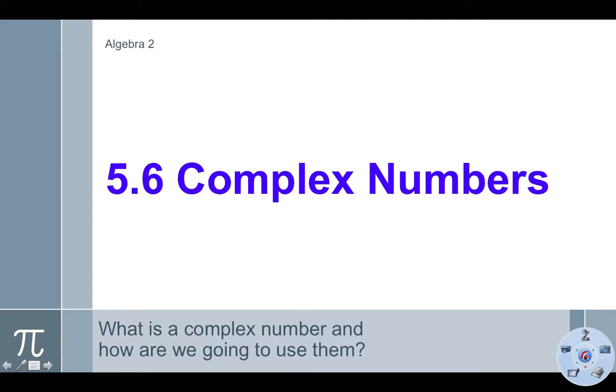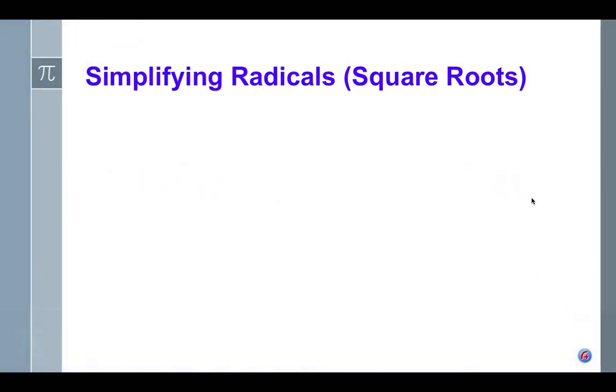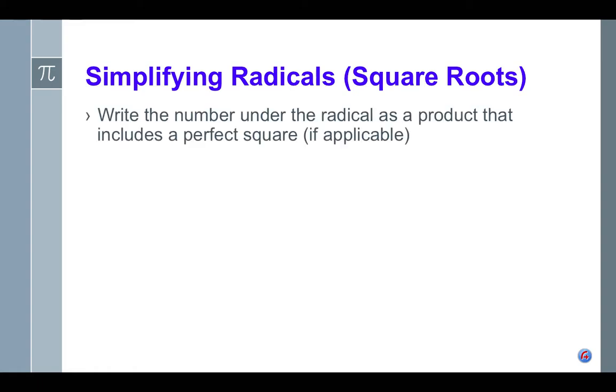In order to start thinking about a complex number, we need to think about how we simplify radicals. Complex numbers come from a square root, so we need to remember how to simplify a radical. First of all, we want to write the number under the radical as a product that includes a perfect square.